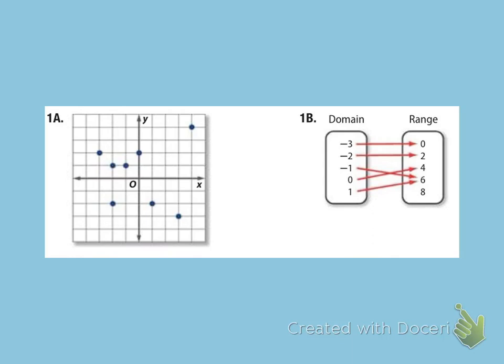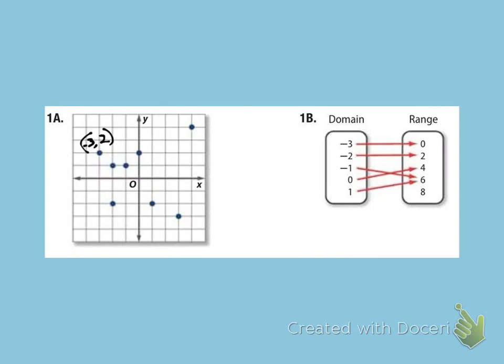Alright. Boy, those look funny, don't they? Back up. Look at me. Let's see. We got points of -3, 2.